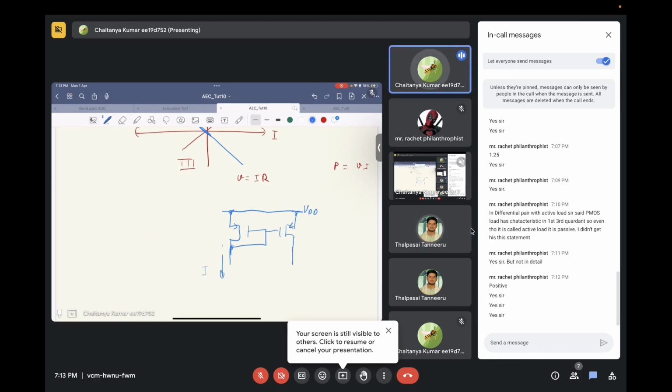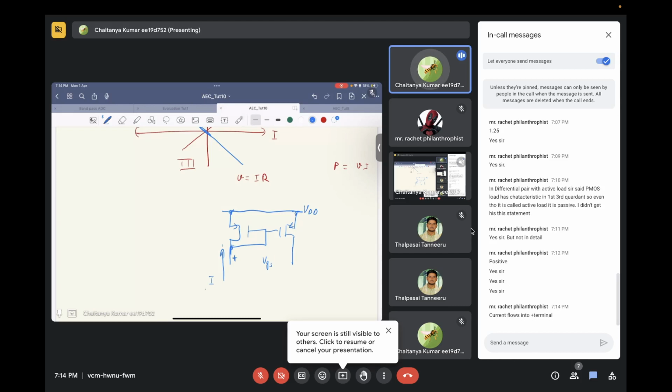According to the passive sign convention, if this is your voltage, let's call this VGS, and this is the positive node, then your current should flow inside the voltage source, inside the positive terminal.